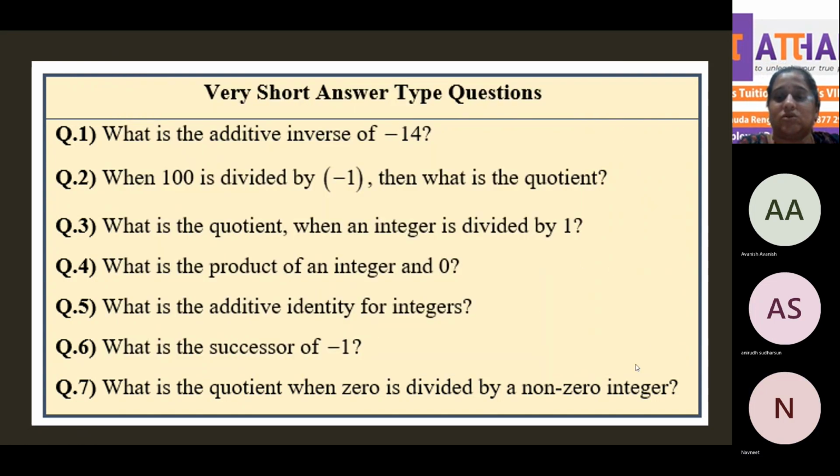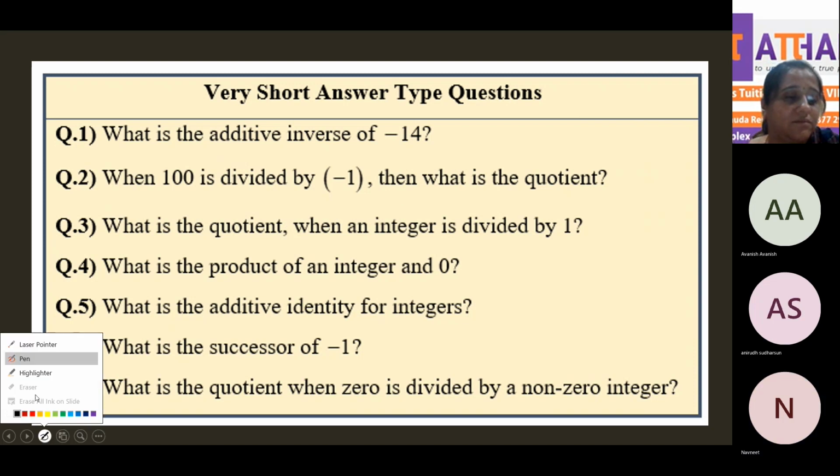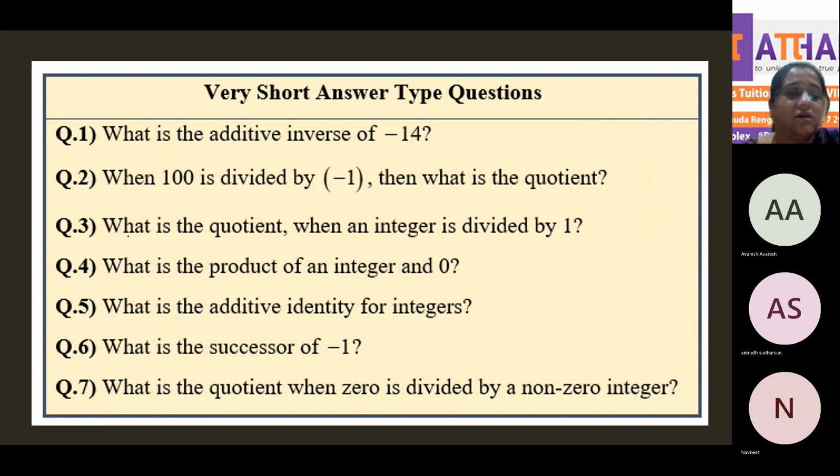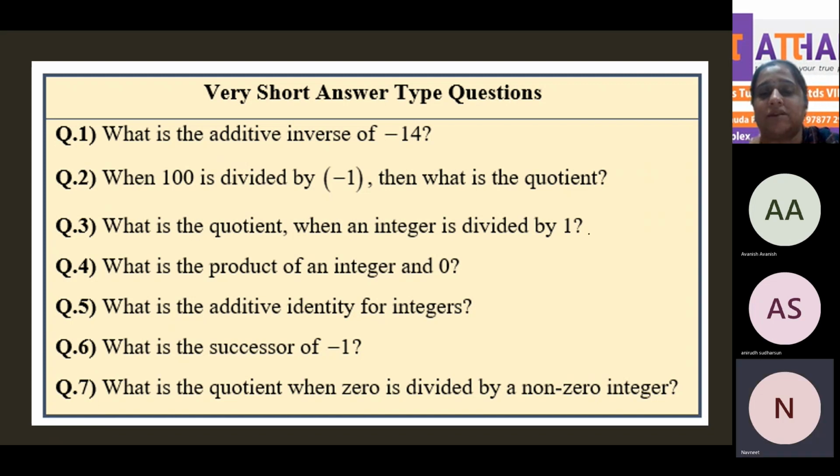So the number itself. The question is, what is the quotient when an integer is divided by 1? When an integer is divided by 1, the quotient is the integer itself.